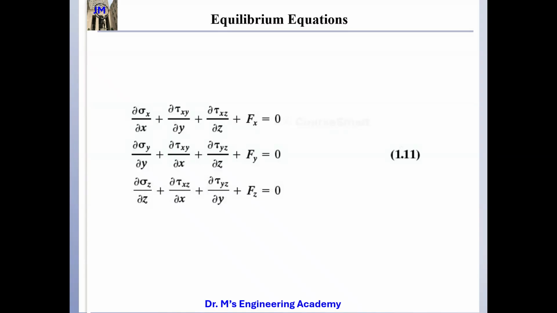It looks like nine components, but as I said, these are symmetric: this one equals this one, this one equals this one. So finally I can change these, and that means 1, 2, 3, 4, 5, 6. These six components are independent.